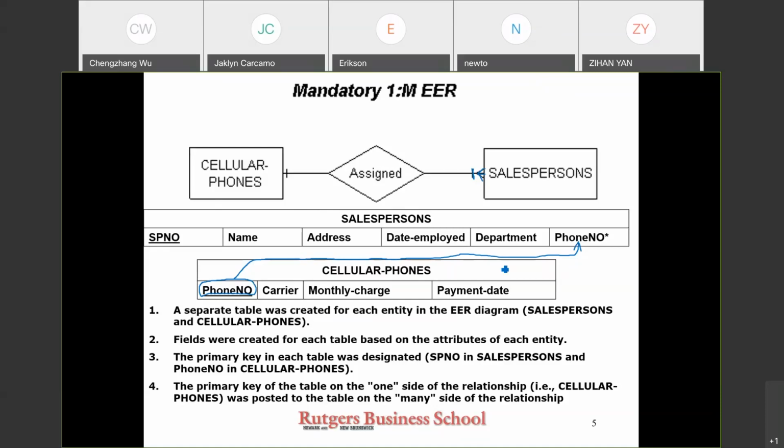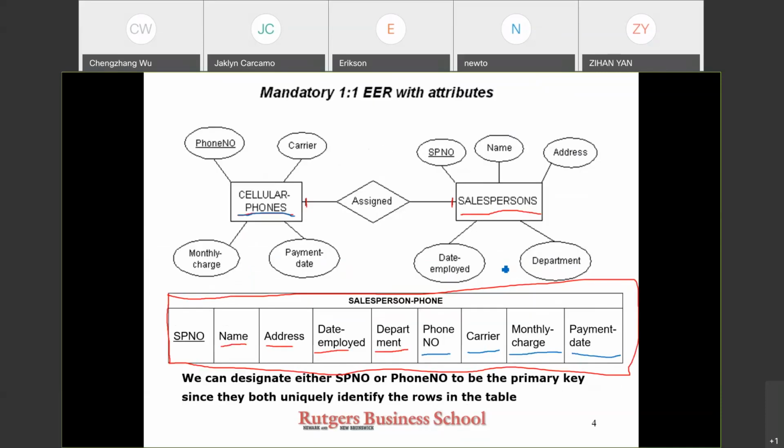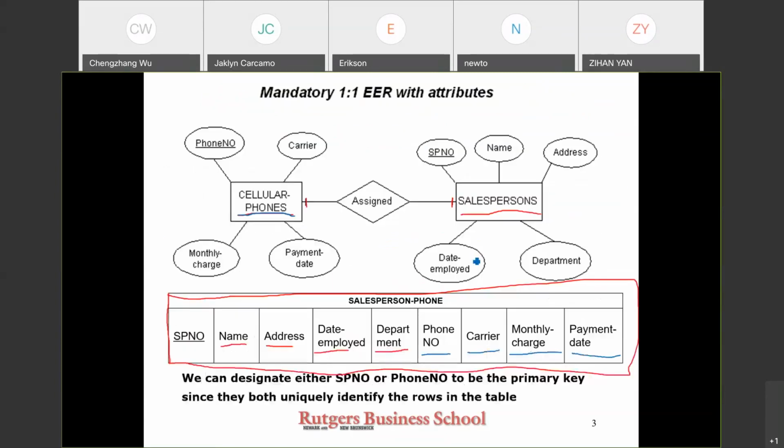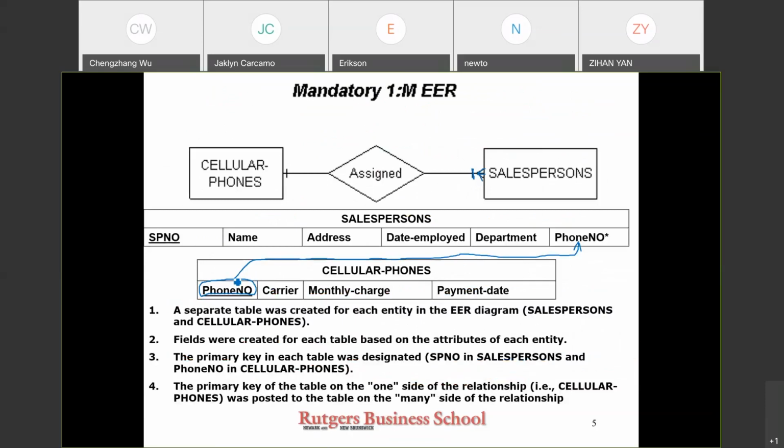So you will see the posted key becomes the foreign key in the table on the many side of cardinality. So this is the posted key becomes the foreign key of salesperson, where the cardinality is many.